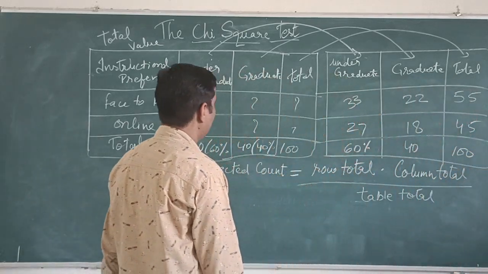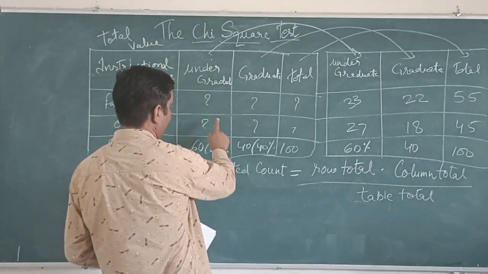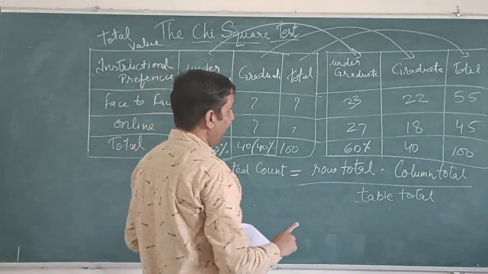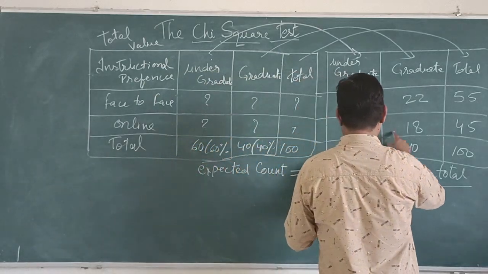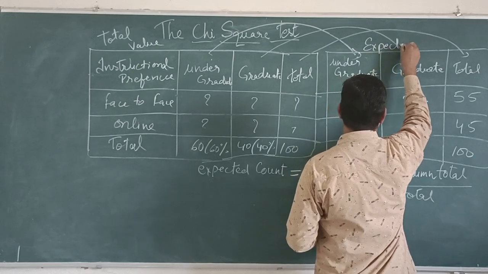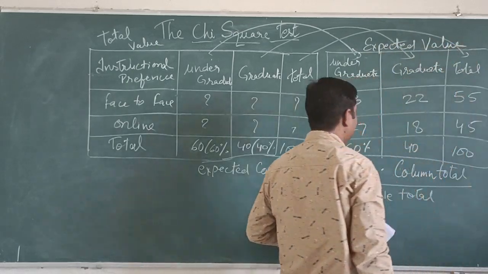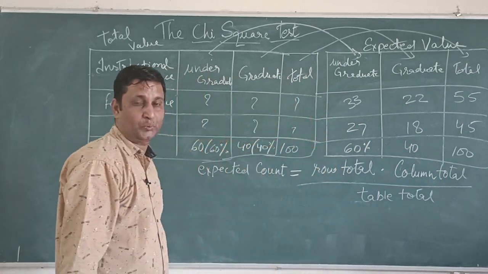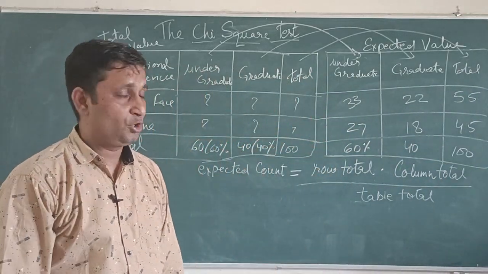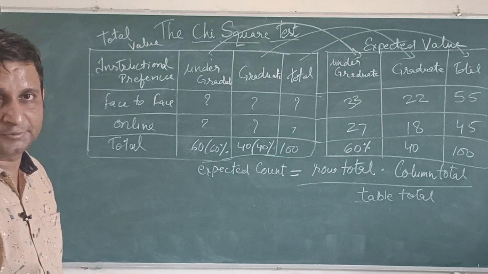These are the basic tables. That is called the total value table, the education level table, and that one is called the expected value table. Just draw it and compare these two tables.